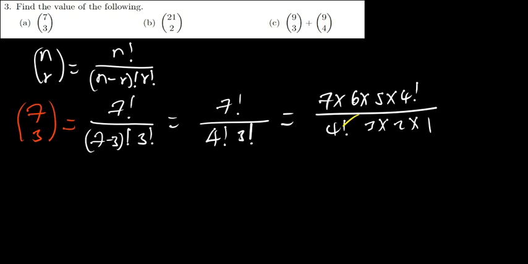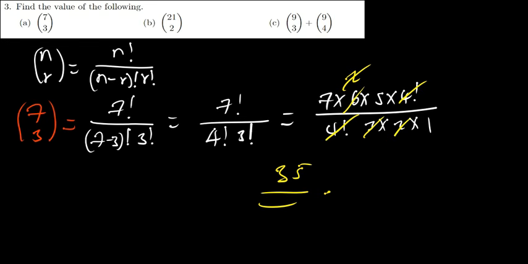So 4 factorial and 4 factorial cancel. Then 3 and 3 cancel, and 2 and 2 cancel. So I've got 7 times 5, which is 35. In this case, my answer is 35.